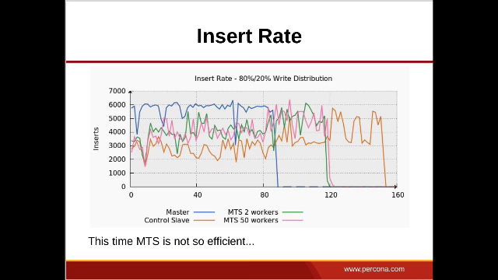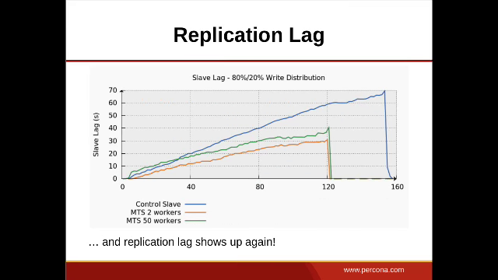And if we look at the replication lag, well, of course, it's not as good as what we had for the first test. But if we compare that to the single-threaded slave, this is still much better. So the lag is not increasing as quickly, and overall, the replication throughput is much higher.